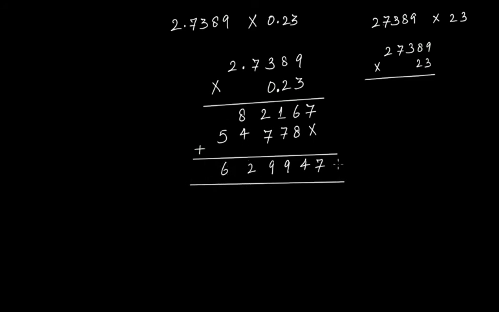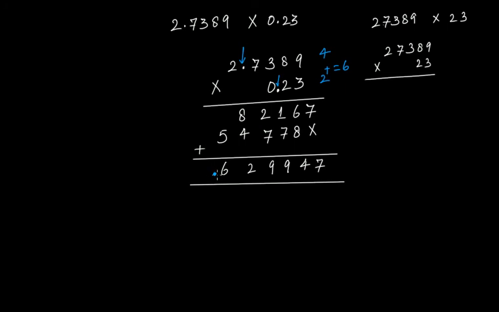Now how many digits do we have to the right of this decimal point? 1, 2, 3 and 4. How many digits do we have to the right of this decimal point? You have 2. 4 plus 2 is 6. 1, 2, 3, 4, 5 and 6. So you have to place your decimal point just here.